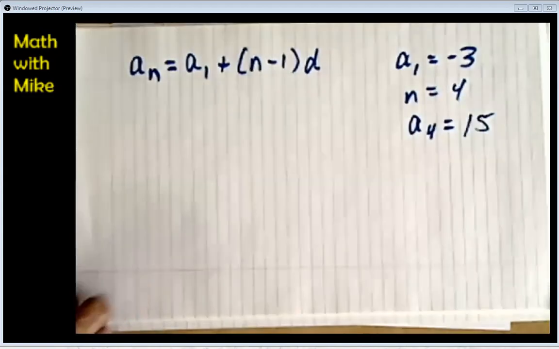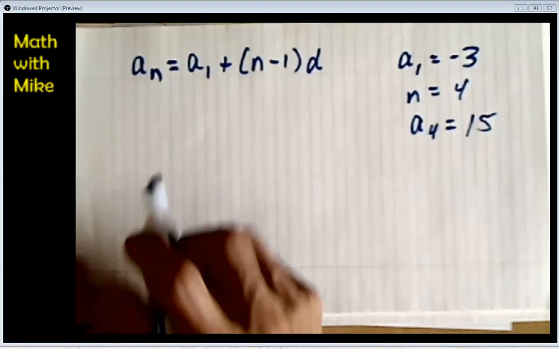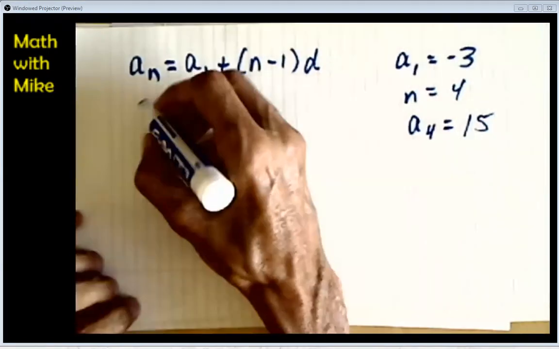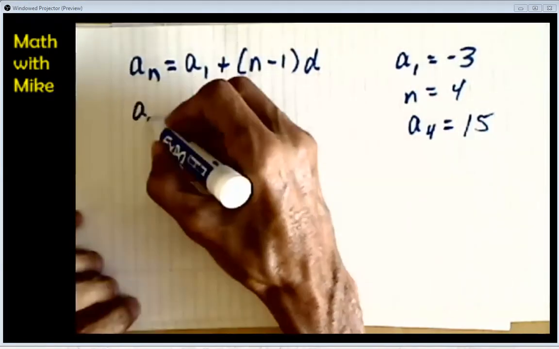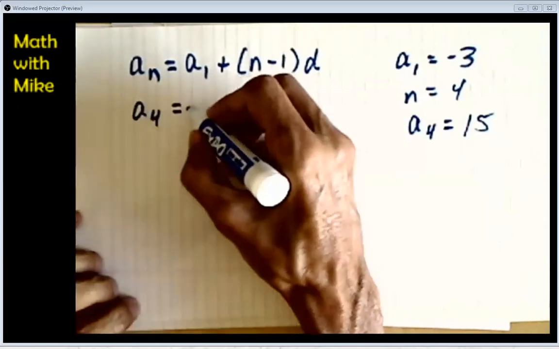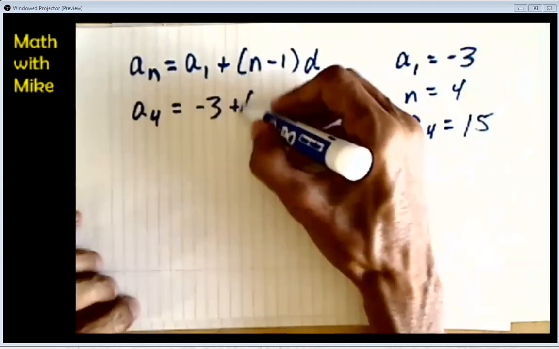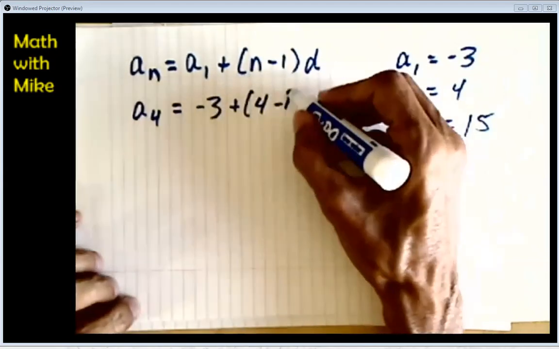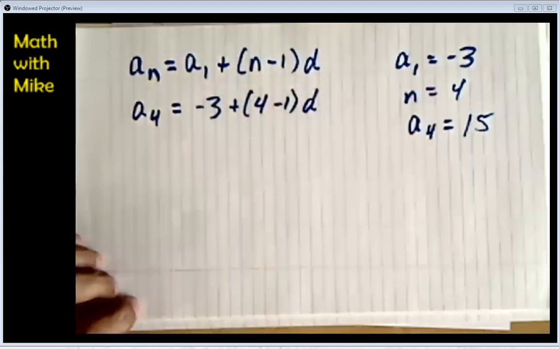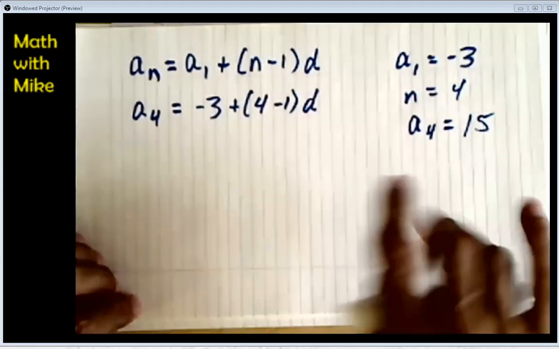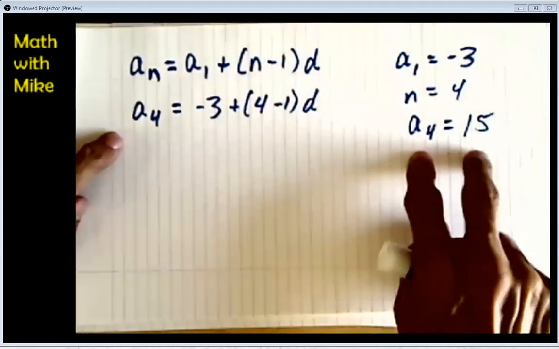Okay, and so if we put these in here, we get n is equal to 4 in there. A1 is -3. N is equal to 4. D is what we're looking for. Right? Well, look at this. A4 is equal to 15.